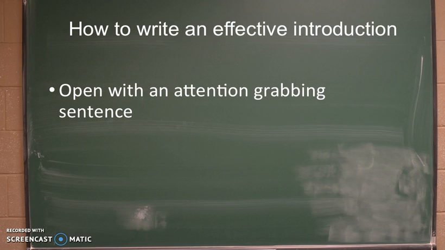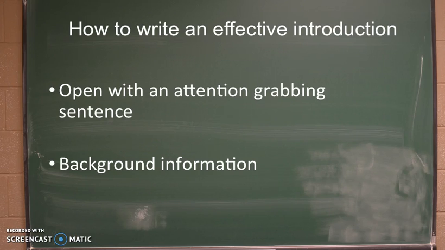This is known as the hook. The hook is what's going to get your reader to catch on to your essay, to engage in what you are writing. You want to make them want to carry on reading, and in order to do this, you have to make sure that the opening sentence is one that grabs their attention.